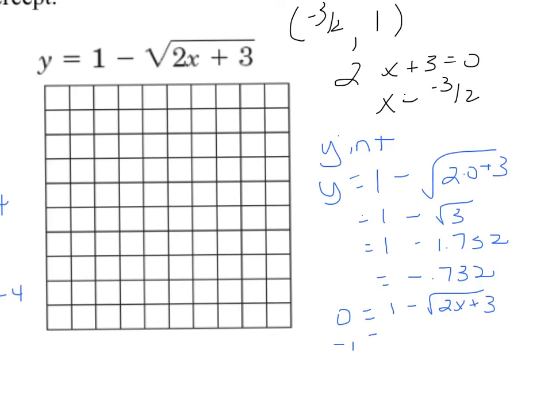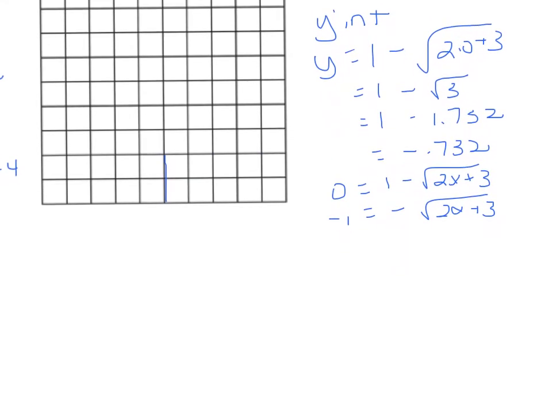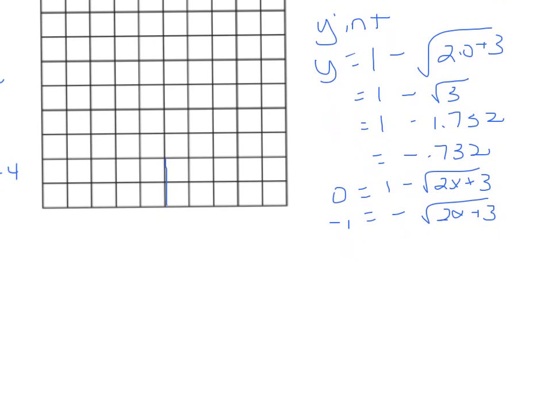That's going to give me the square root equals 1, so square both sides. And that'll work if x is -1. So there's my x-intercept.